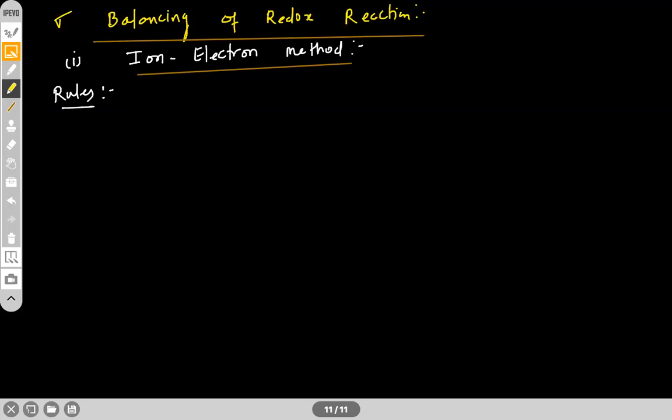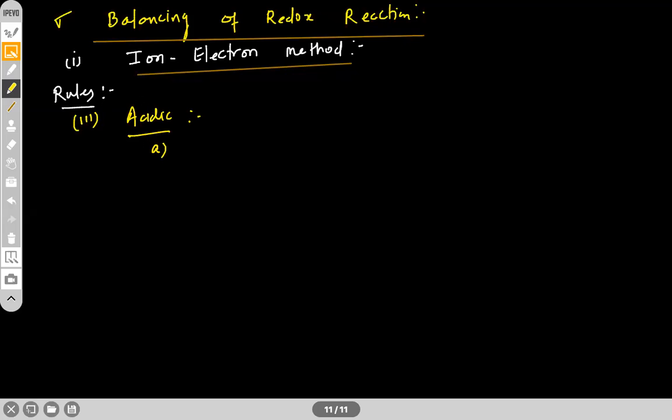So how to balance oxygen and hydrogen when the medium is acidic and when it is basic.